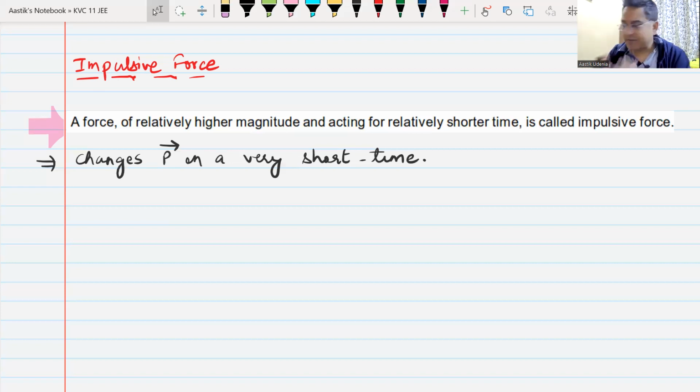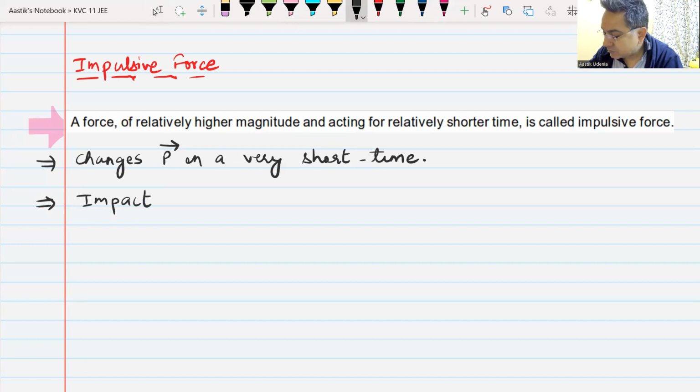Whenever there is a sharp impact, a ball hitting a bat, a hammer hitting a nail, a truck hitting a wall, the forces during an impact are basically the best kind of impulsive forces. So impact forces are impulsive in nature.